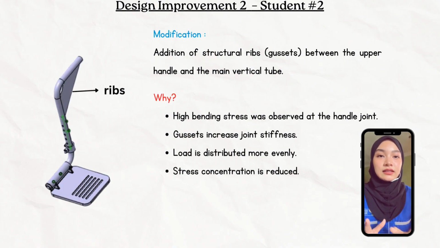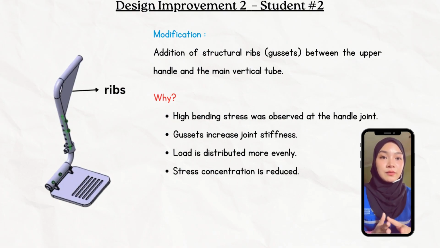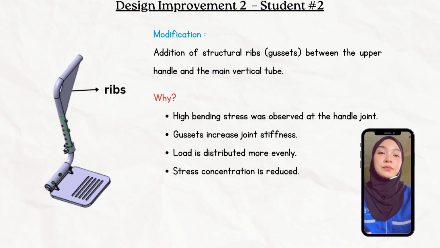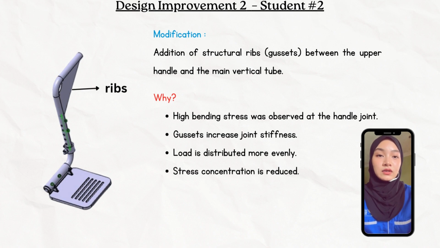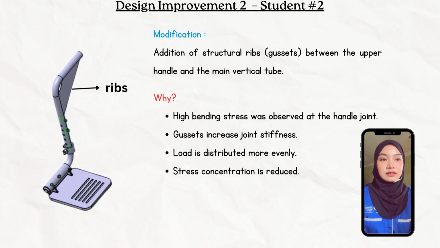The gusset increased the stiffness of the structure and provides an additional path for the load to travel. Instead of concentrating the force in one small area, the load is distributed more evenly throughout the structure. As a result, stress concentration is reduced, making the joint stronger and more stable.